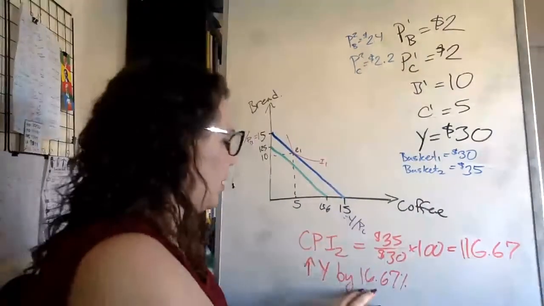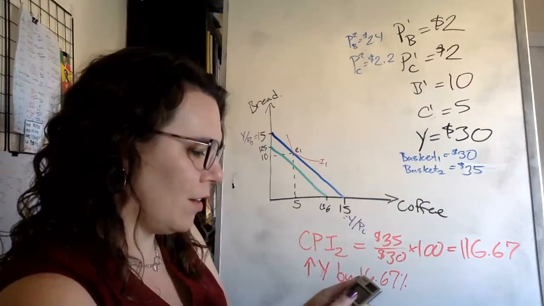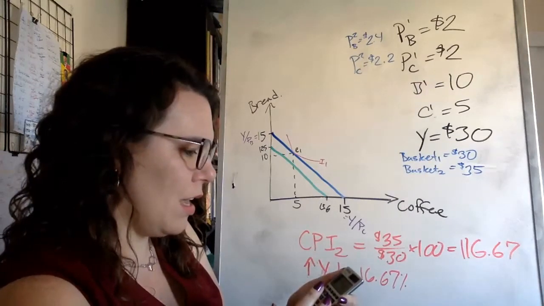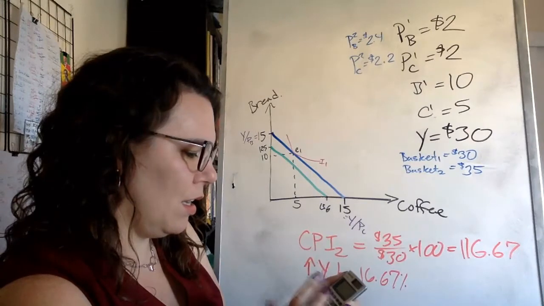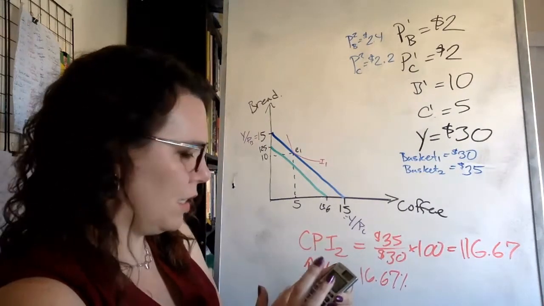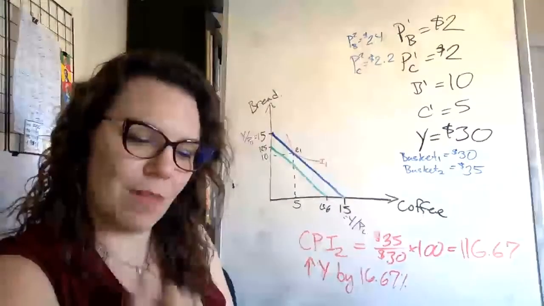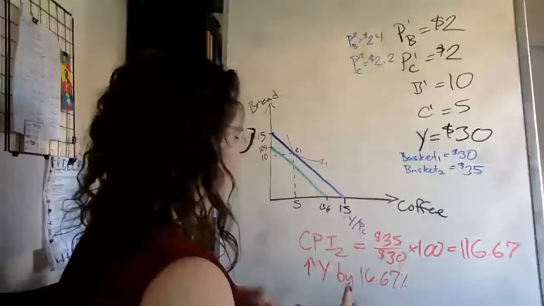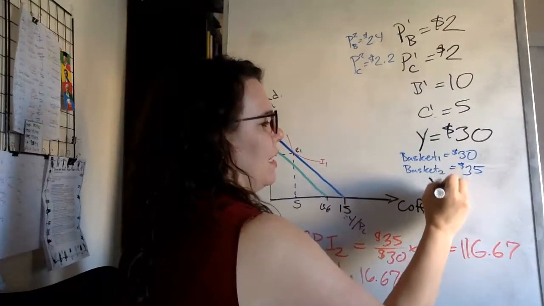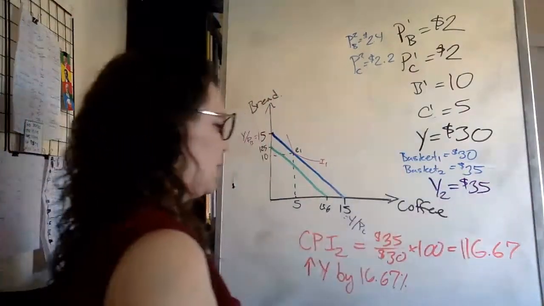If we increase their income by 16.67%, we're going to take $30 and multiply it by 1.1667, and that's going to give us a new income of $35, give or take. So now the compensated income in period 2 is going to be approximately $35.